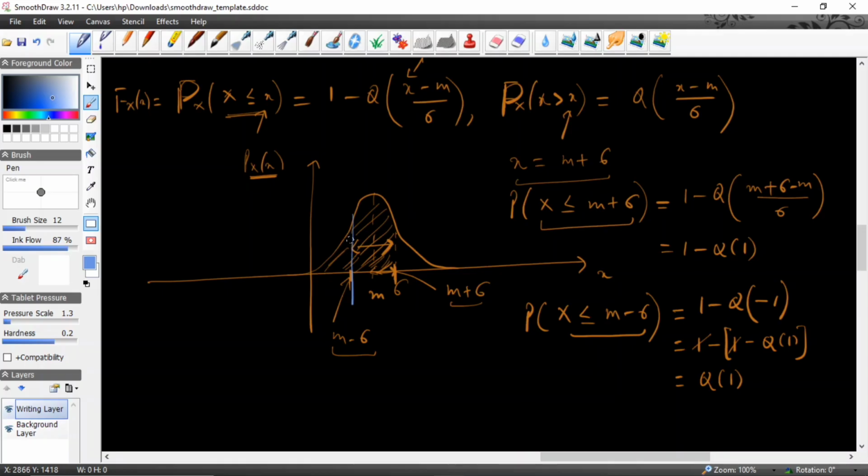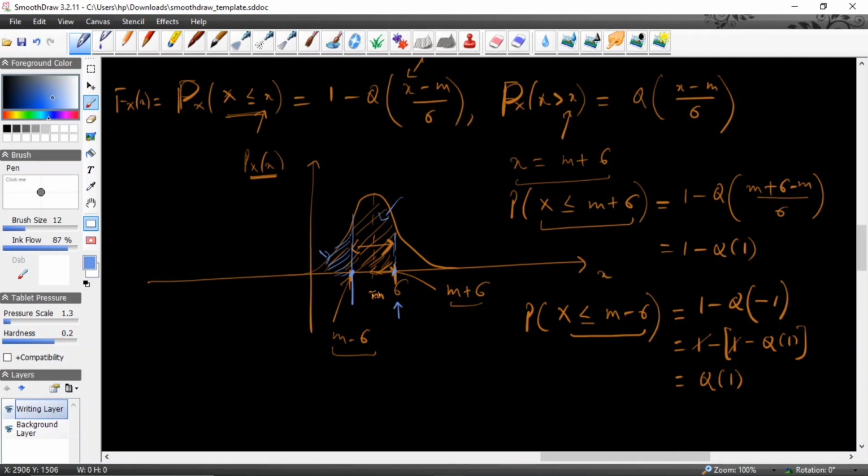So the probability of X less than or equal to m minus sigma is this area, and the probability of X having value less than or equal to m plus sigma is the area below this point, of course including these two points. And if I want to find the probability of x between these points, m minus sigma and m plus sigma, then I simply subtract this area from this area.